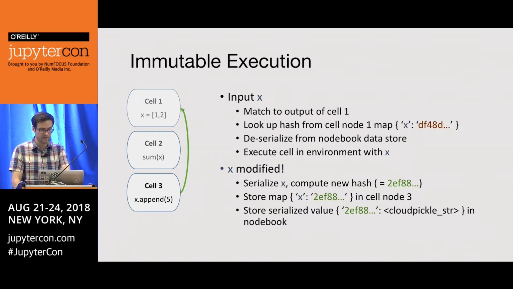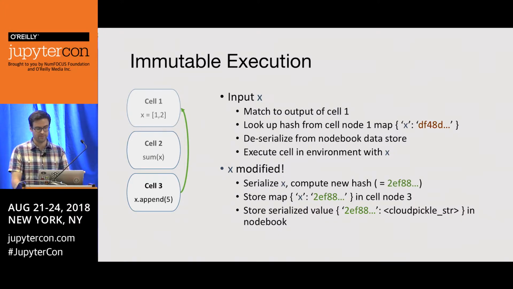OK, and then moving on to the third cell, now we have one that's both taking an input and storing an output. Similarly, I match this up to the output of cell 1, look up the hash from cell 1, deserialize it, and execute in that environment with that deserialized value of x. Now I can tell that when I serialize x post-execution, the hash no longer matches what it was previously, so I can interpret that x has been modified.